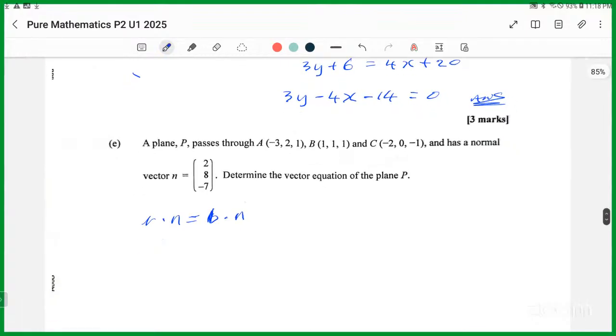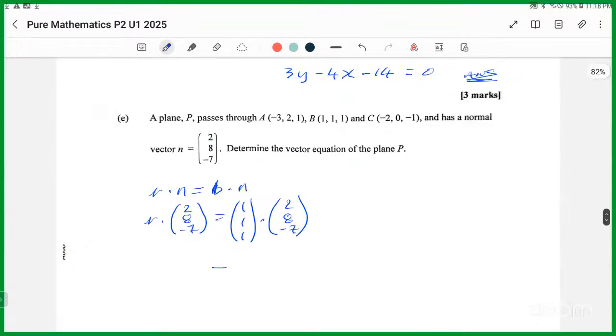So the normal n is 2, 8, negative 7. And here now, let's go to this point and the normal. Using 1, 1, 1. That's just easier numbers to work with. Dot 2, 8, negative 7.